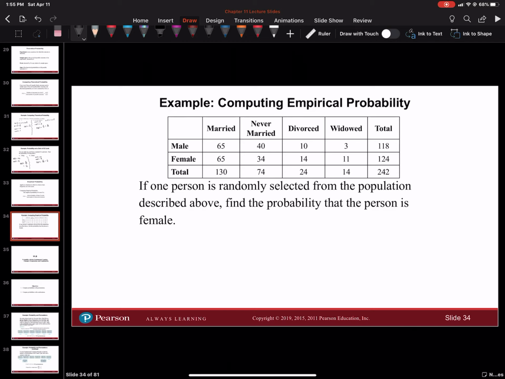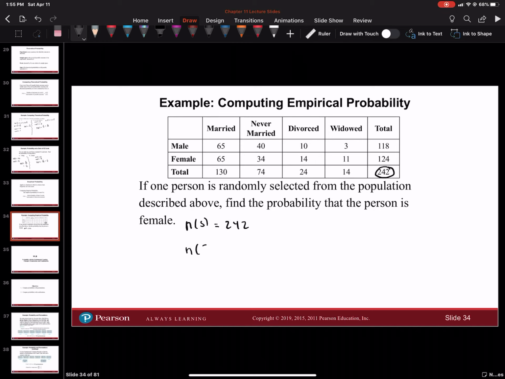Empirical probability problems usually have tables, or they tell you how many times something happened. It says if one person is randomly selected from the population described above, find the probability that the person is a woman or a female. We have to keep in mind to figure out what the total number is. So the number in the sample would be 242.